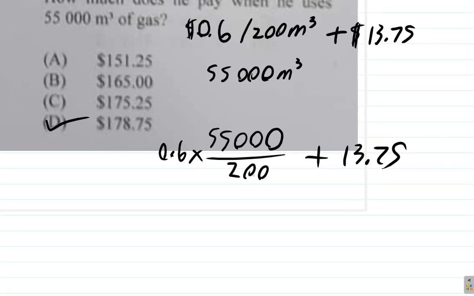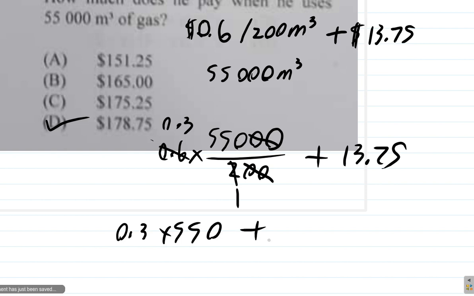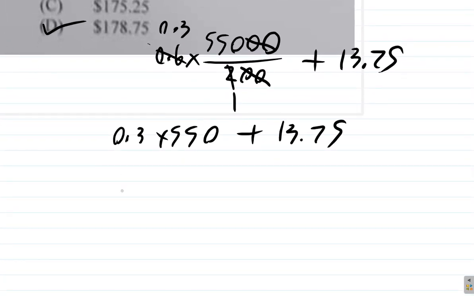So you do your calculation. 200 into 55,000 is 550. And then 2 into 0.6 is 0.3. So you have 0.3 by 550 plus 13.75. And then we want just whole numbers.